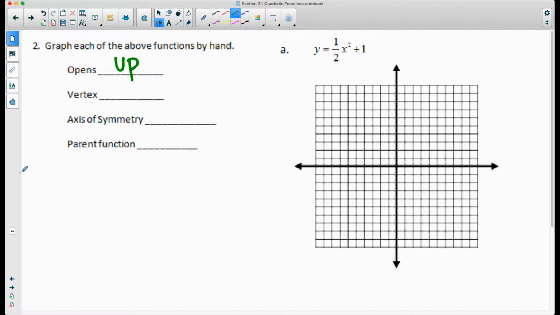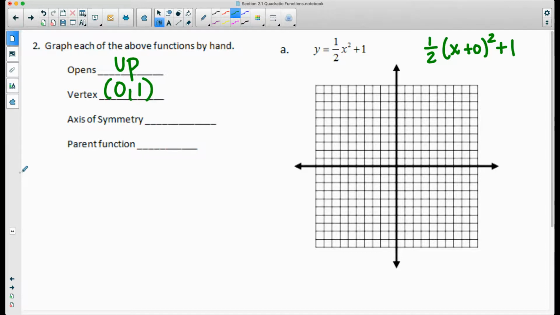Now, you can argue that this is in general form, or you can argue that it can be written in vertex form, because of that 0. To me, that's a whole lot easier because I get to pull out the vertex, which is 0, 1.